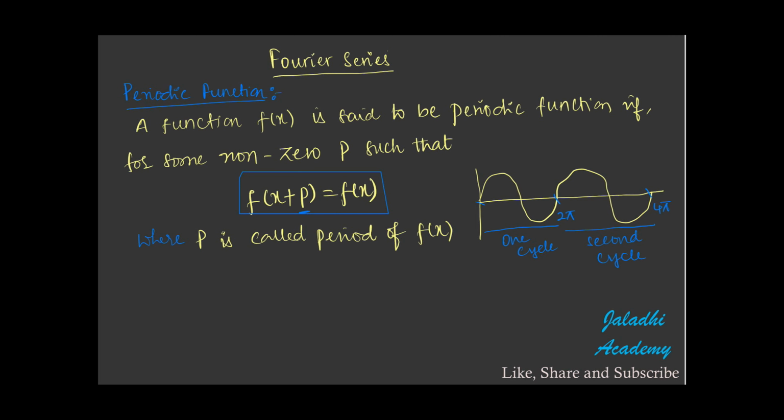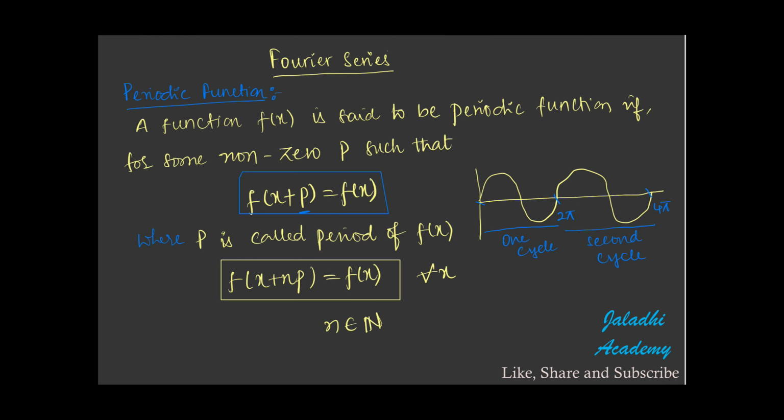In general, applying the same property iteratively, we can redefine that as f of x plus np is equal to f of x. If the function satisfies this condition, then the function is periodic, for all the values of x in the domain, where n belongs to the natural numbers, or it might be the integers.